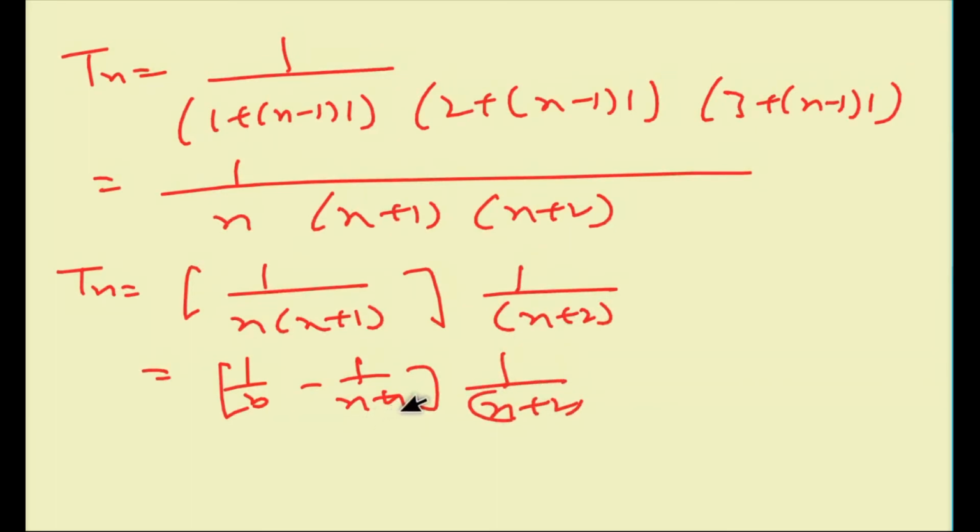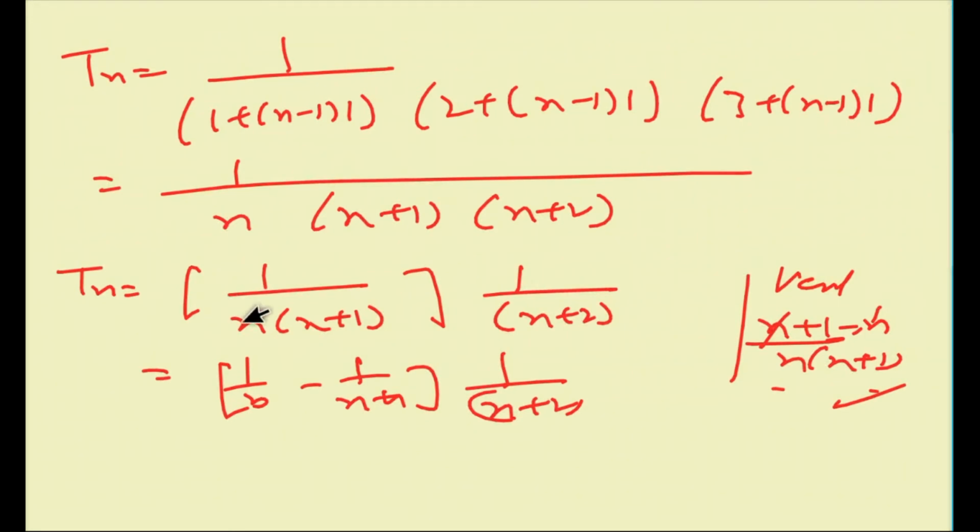Now check it, 1 upon n minus 1 upon n plus 1, taking LCM, you get n plus 1 minus n, so this is equal to this one. You can verify, taking the LCM, we get n plus 1 minus n, so this is 1 upon n plus 1. Okay, so this is equal.